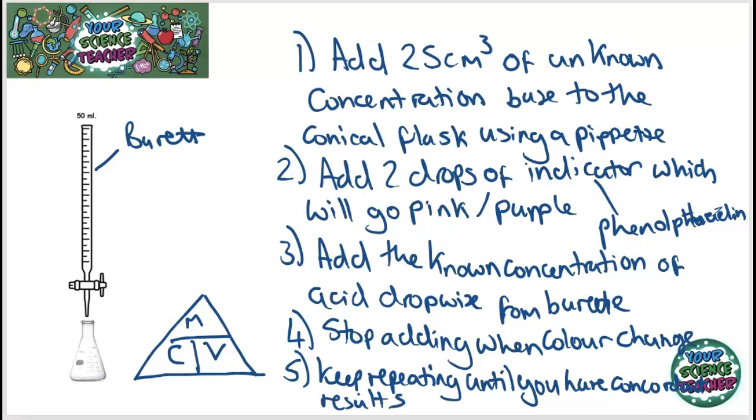And at the end, you get a mean titre from this, and then we can use this and a titration calculation to work it out. So what we're going to do now is have a look at a titration calculation.